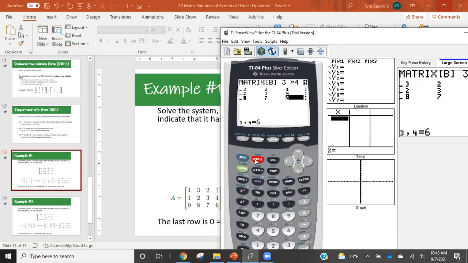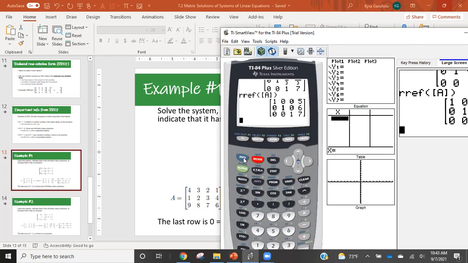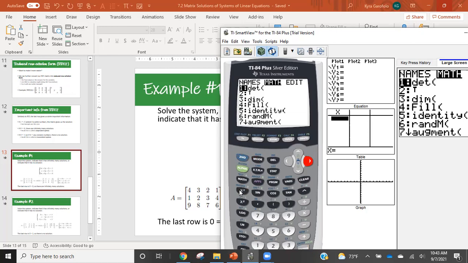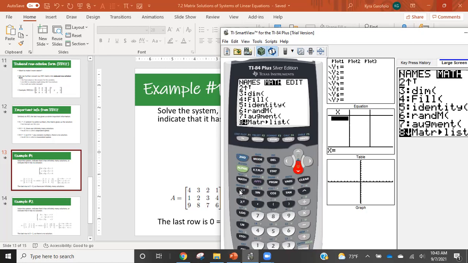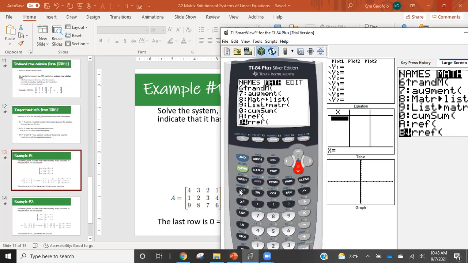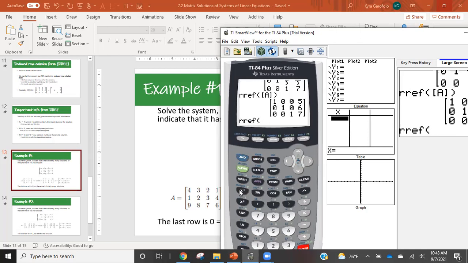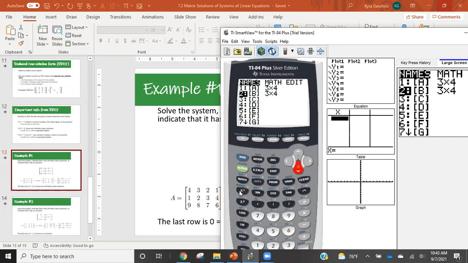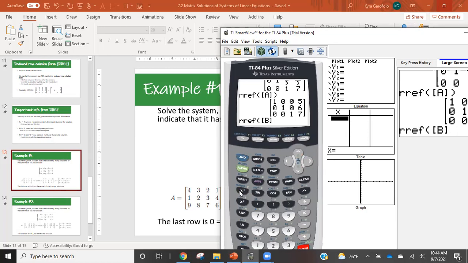And all we want here is to get the reduced row echelon form. So we're going to go to matrix. We're going to scroll over and scroll all the way down to RREF. And now remember, we put this one in B. So we'll tell it that we want B. We'll close our parentheses and press enter.